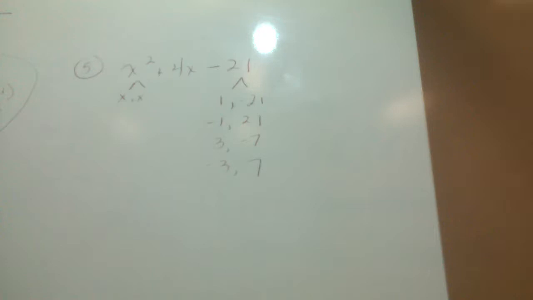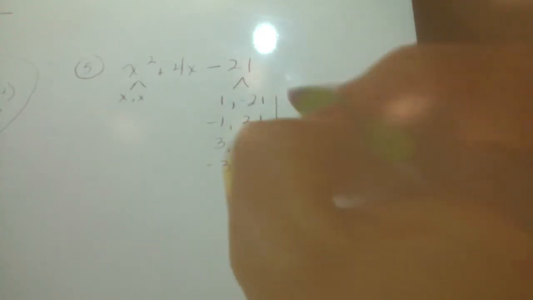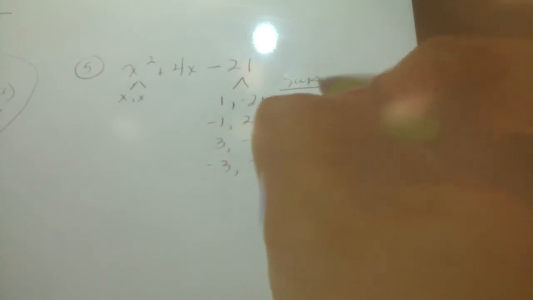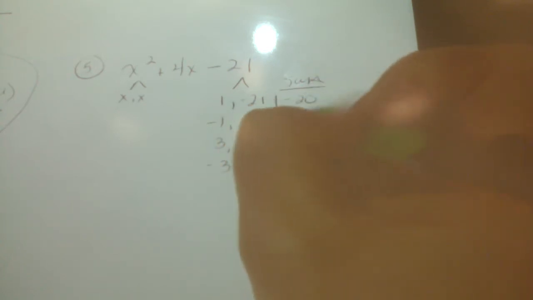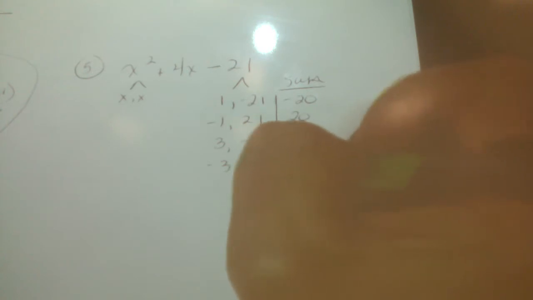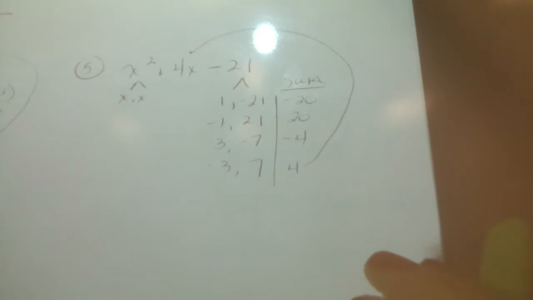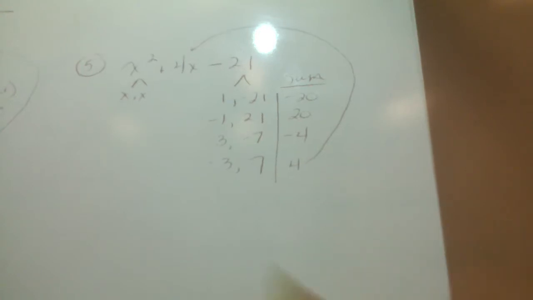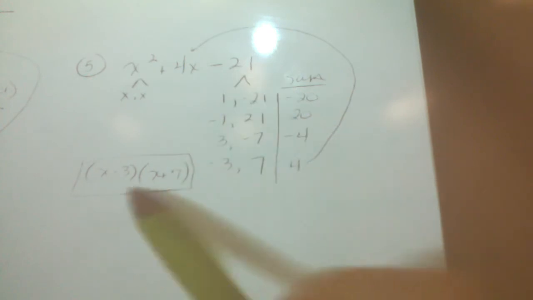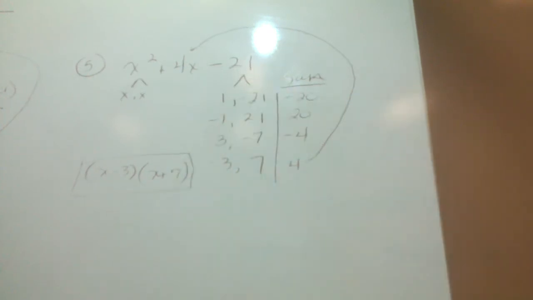So for each factor pair, you're actually listing two options. When I take the sum, I'm getting negative 20, 20, negative 4, 4, and I'm looking for that middle number, which is a positive 4. So I've got x minus 3 and x plus 7. So when the last number is a negative, it's 1 negative, 1 positive.